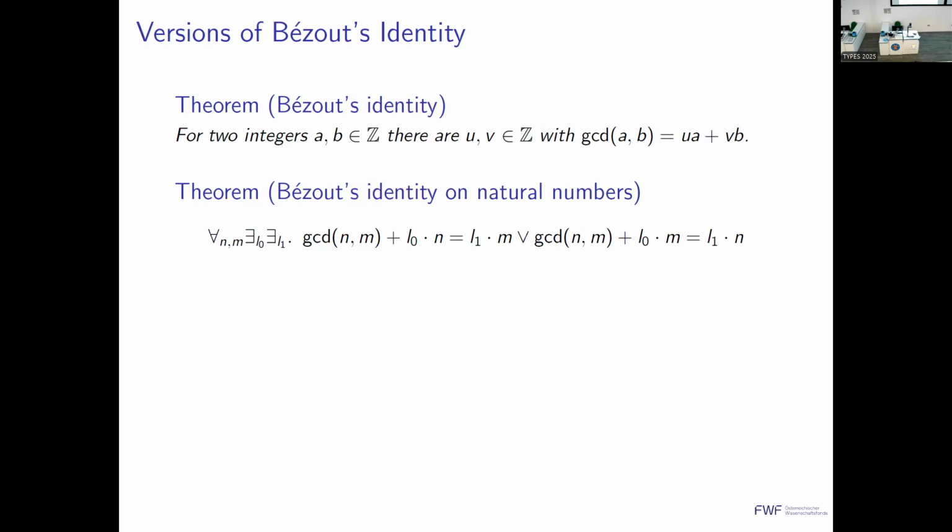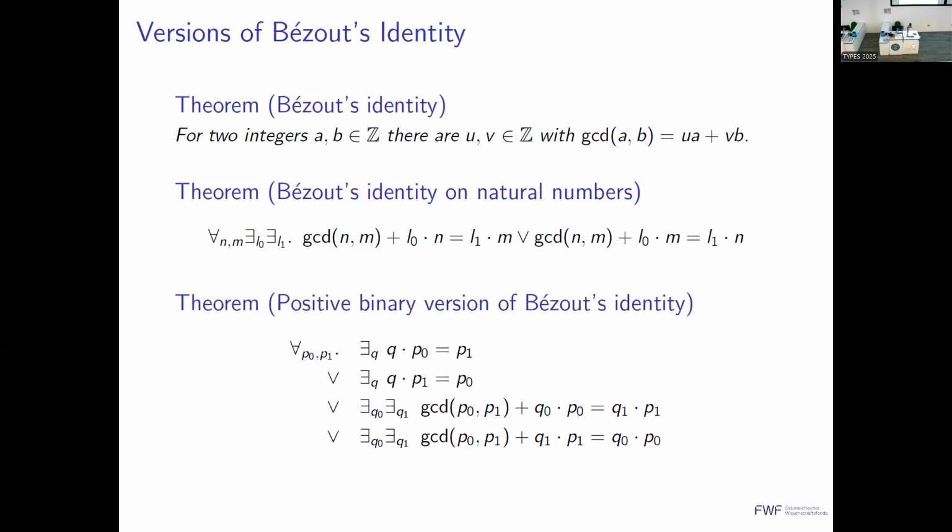However, for positive numbers, we don't have zero available because they are positive binary numbers, and there are reasons why you don't want zero in this case. If you formulate it for positive binary numbers, you need indeed 4 case distinctions. The first 2 just say that if one of them is 0, then the greatest common divisor is exactly one of them.